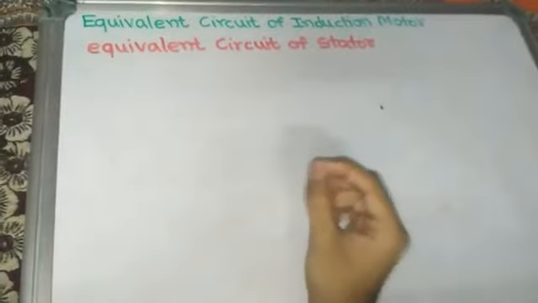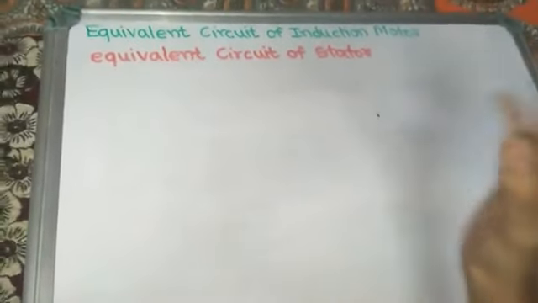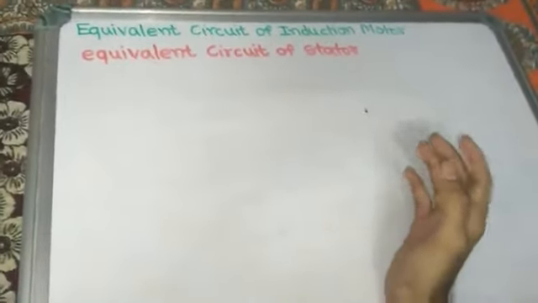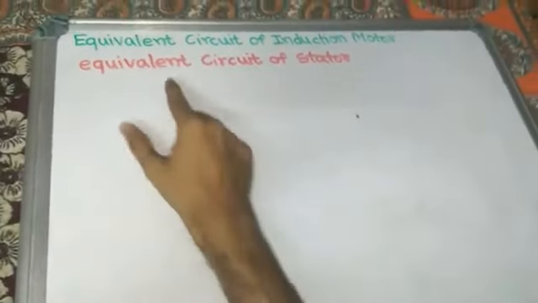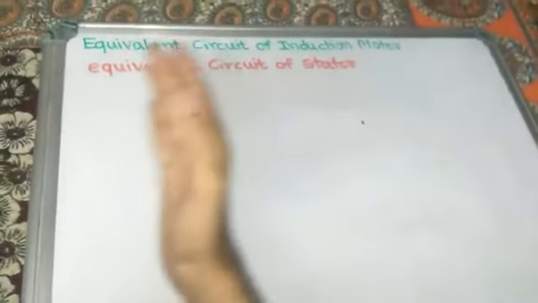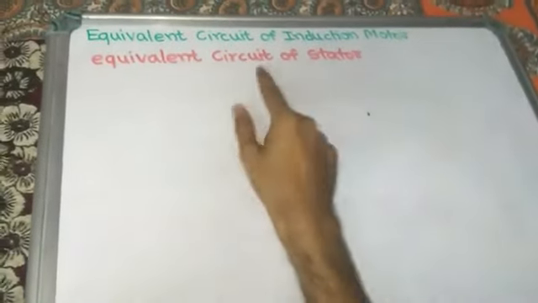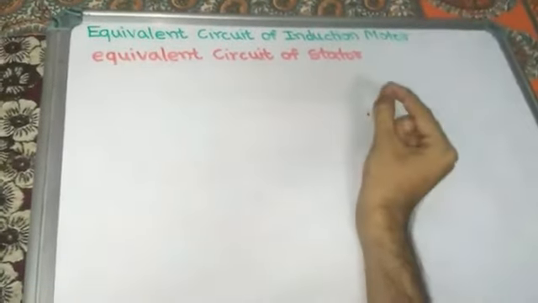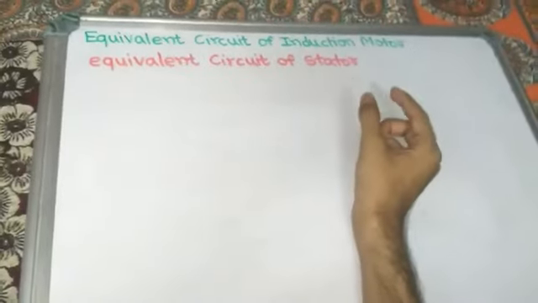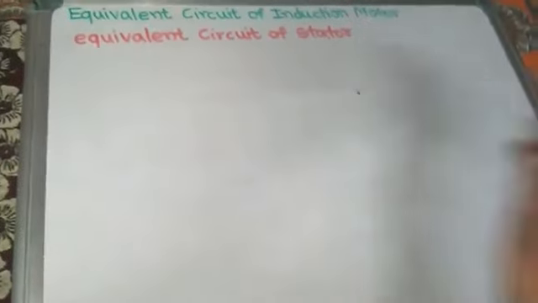So if only one difference occurs in the secondary winding, the primary winding equivalent circuit of the three-phase induction motor is similar to that of a transformer. So first draw the equivalent circuit of the stator, that is the primary winding.